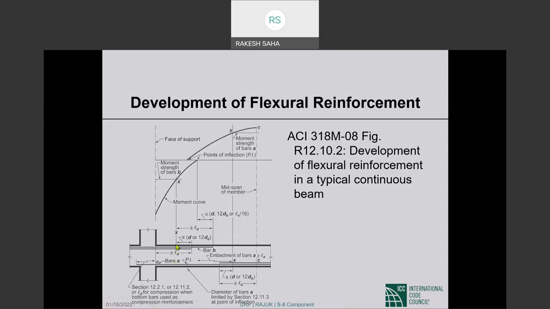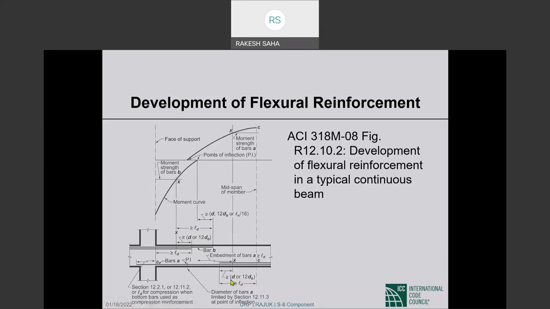Theoretical point of cutoff is here. We could cut the bars off here because here bars B can carry all the bending moments that need to be carried. But the bars that can be cut off have to continue beyond the theoretical point of cutoff by d or 12 times d sub b, whichever is the larger of the two.